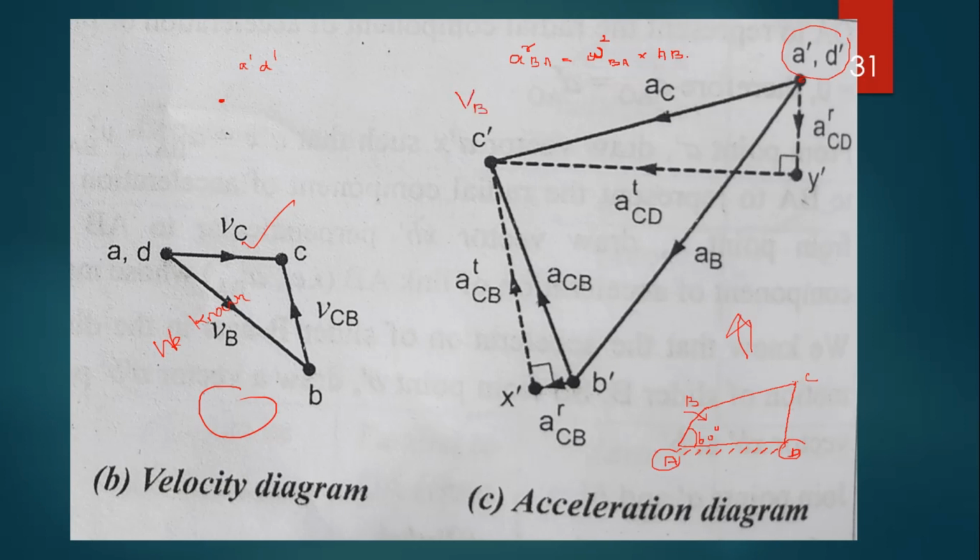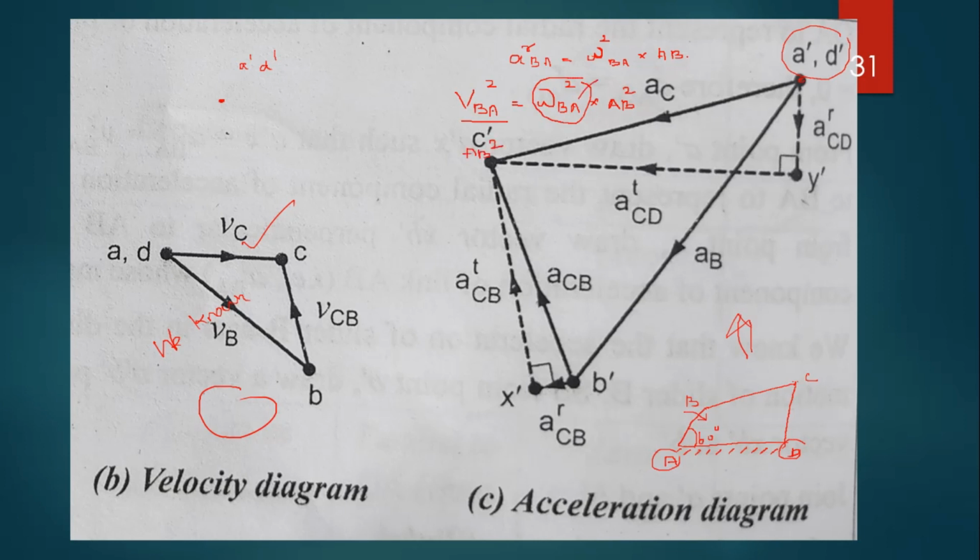Velocity of BA is equal to omega BA into the length of the link AB. This is the formula for velocity of B with respect to A. Now square both sides: velocity of BA squared is equal to omega squared BA into length of the link squared. Now, omega squared BA is equal to velocity BA squared divided by AB squared.